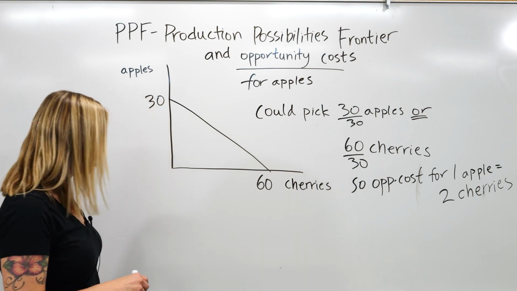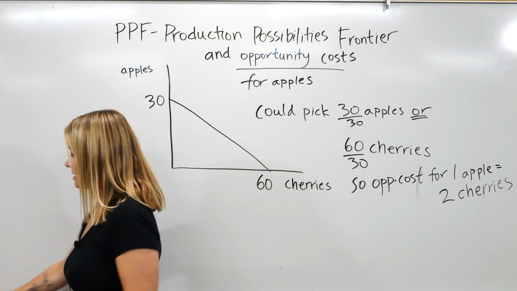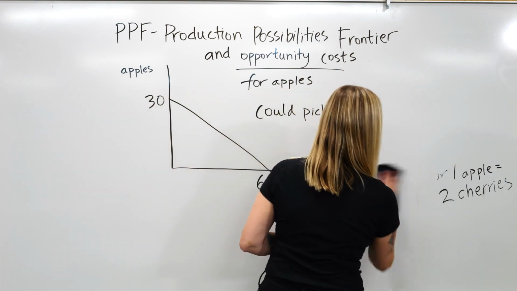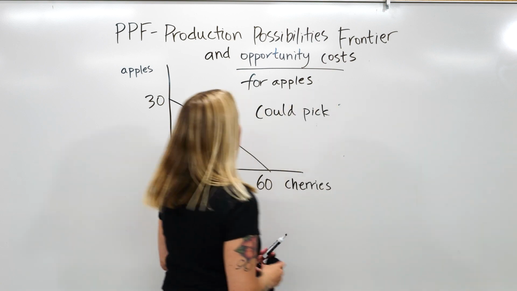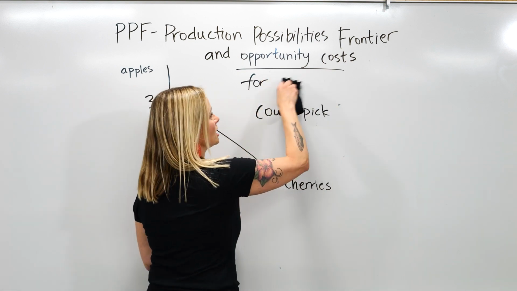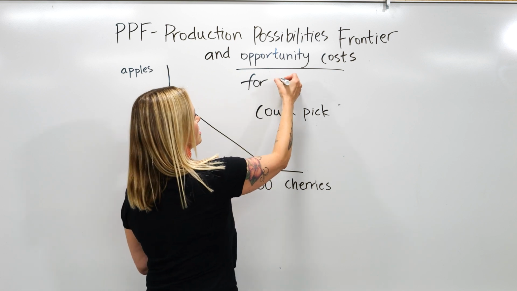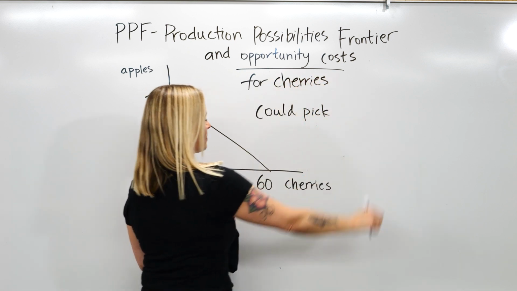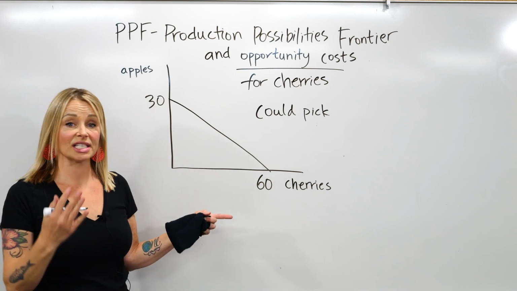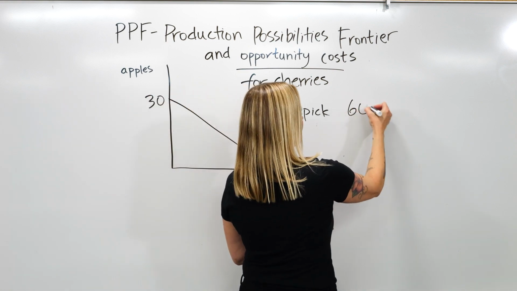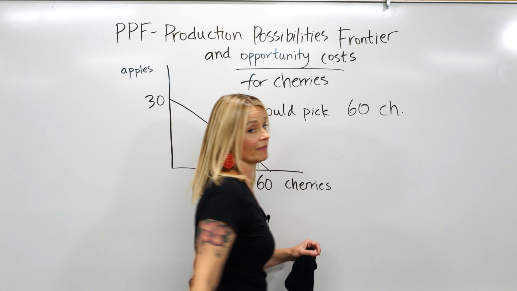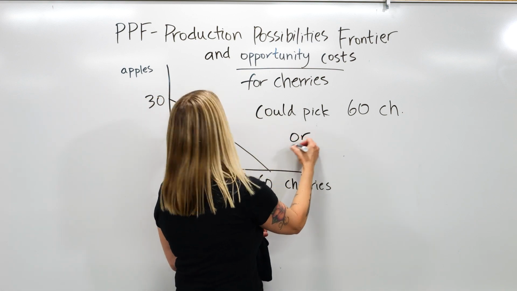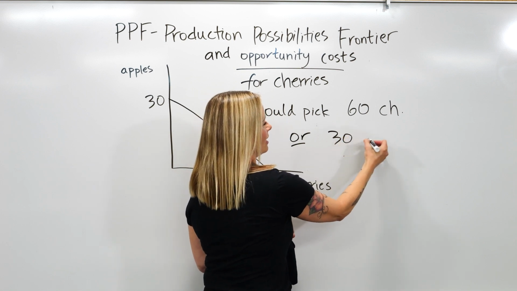Okay, so then we just look at the same kind of math. We're just going to put in those words instead, because now we're interested in the opportunity cost for cherries. This time we're going to say, well, we could pick our 60 cherries, and I'm going to abbreviate cherries to ch, because who has time? Or we could be picking our 30 apples.